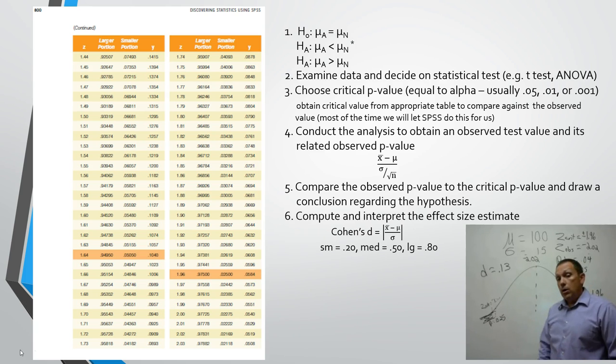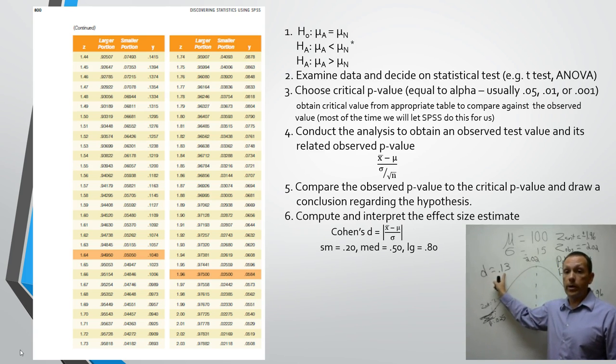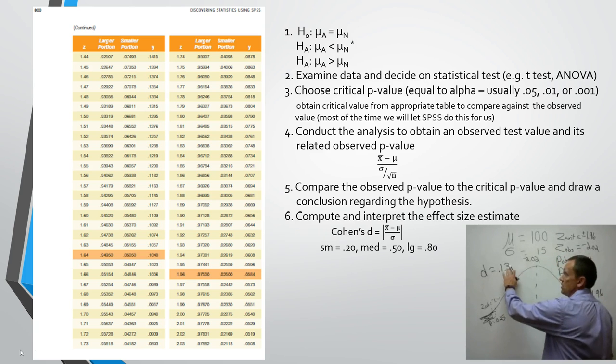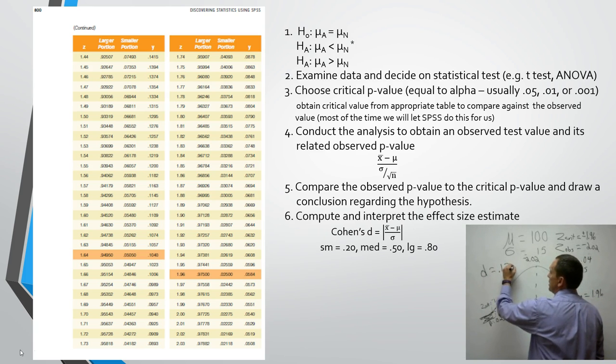And now the question is whether this is small, medium, or large. For small effect sizes, for d, it would be anything hitting 0.2. If it's less than 0.2, we would say it's really tiny. At 0.5, it would be medium. 0.8, it would be large. In this case, it doesn't even hit the 0.1 or the 0.2. So we would say this is really tiny, but we could just say it's small.